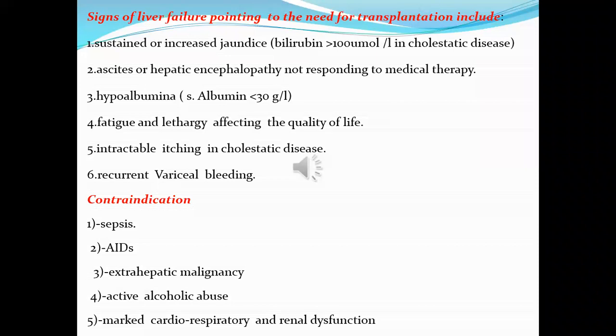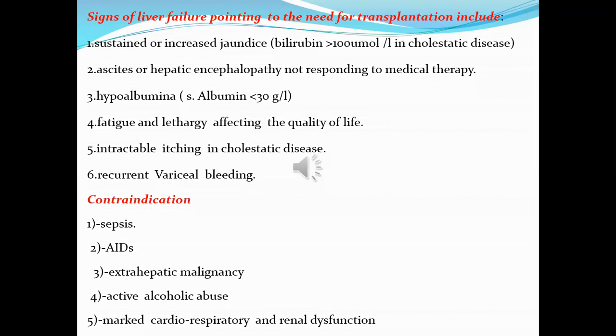When we see high bilirubin in a patient with primary biliary cirrhosis, it is one indication for liver transplant. Another indication is ascites or hepatic encephalopathy not responding to medical therapy. Third, severe hypoalbuminemia. As we mentioned, hypoalbuminemia is a bad prognosis leading to more mortality, so it is an indication for liver transplant.